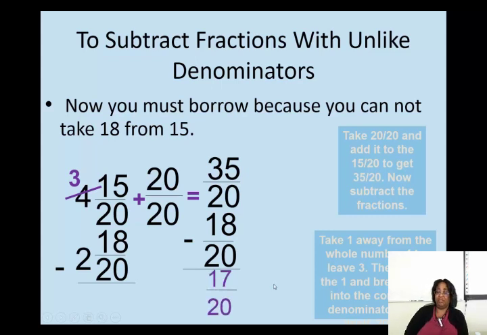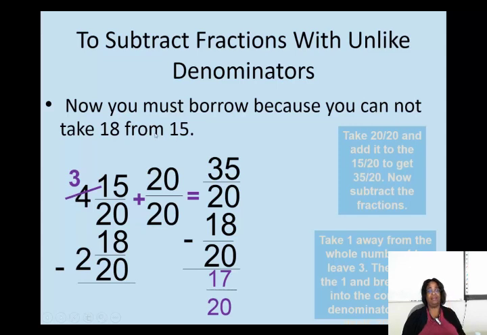So let me go over those steps again. When I raise the fractions to the common denominator of 20, my numerators could not be subtracted because 18 is bigger than 15. This is a borrow situation. I go to the whole number on top, and I take away 1 number. This becomes 3 instead of 4.